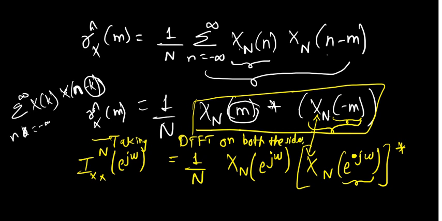So basically we can write like this. The next step will be, we know that multiplication of X_N with its conjugate will result in its modulus square.